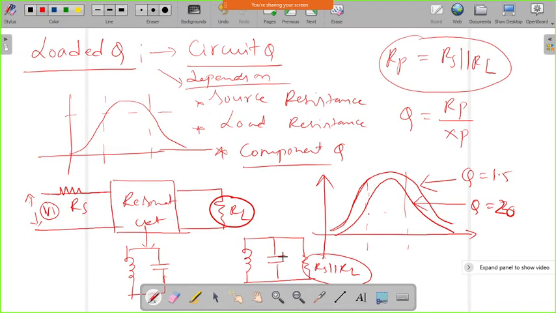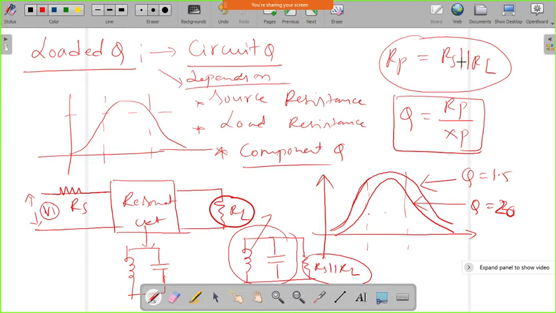With the reactances offered by L and C and the parallel combination of resistance, we get the circuit Q or loaded Q, where Xp is the inductive or capacitive reactance of either of the reactive components.